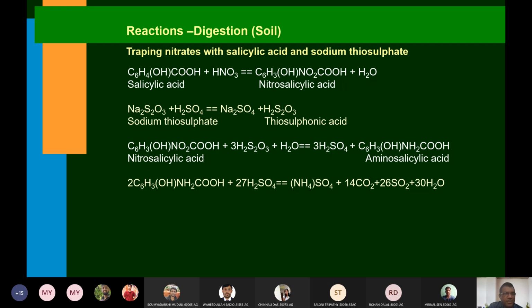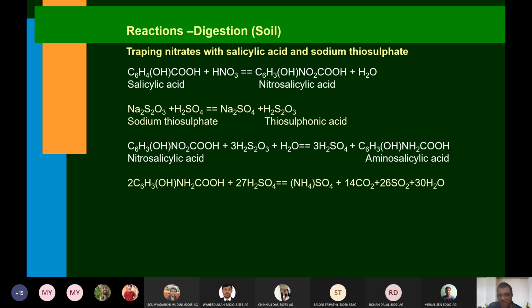So salicylic acid reacts with the HNO3. This HNO3 is actually nitrate in the soil. Nitrate is not free; nitrate may be with the hydrogen. So HNO3 means this is nitrate in the soil, and nitrate in the soil will react with the salicylic acid. Your soil is there in the Kjeldahl flask.